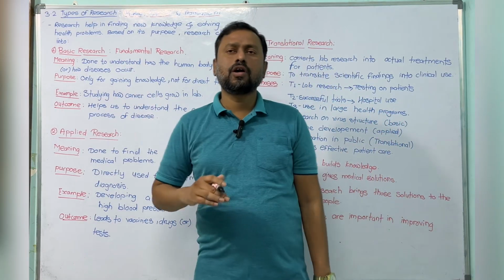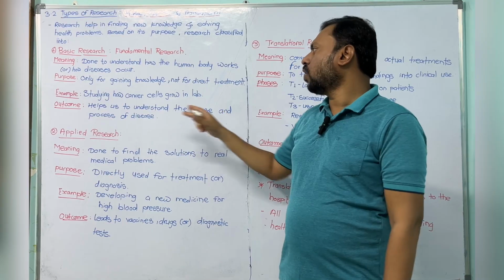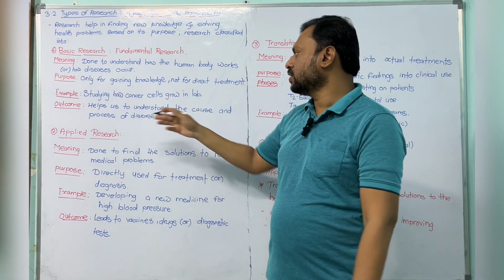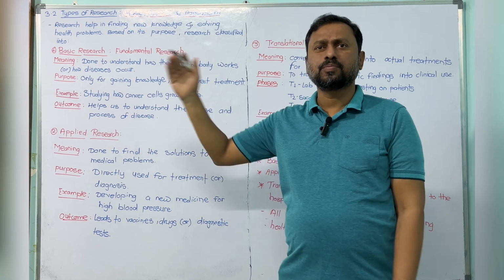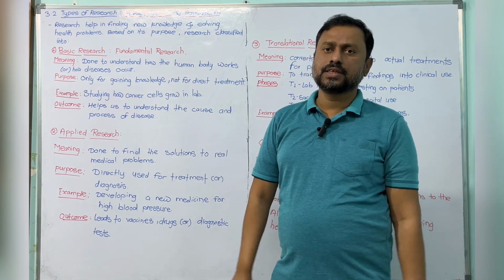What is the outcome of basic research? It helps us understand the cause and process of the disease, why diseases occur, and the samprapti, or the process of the disease.